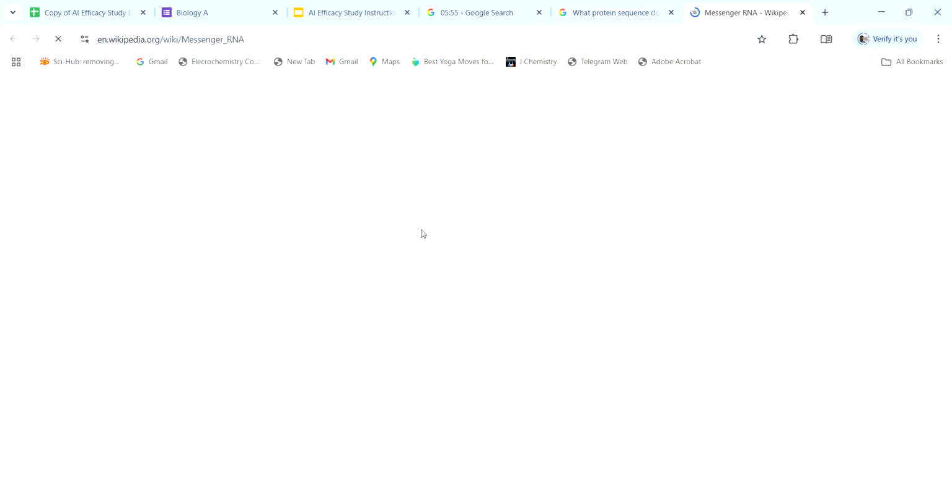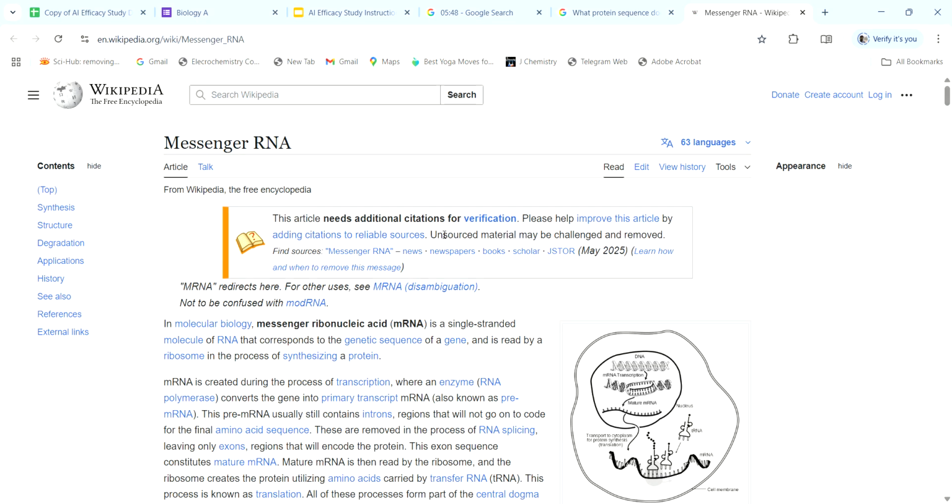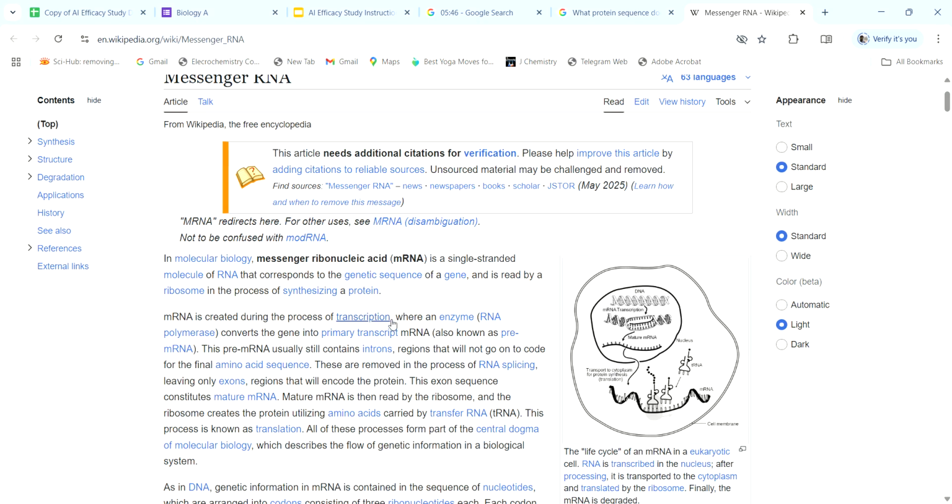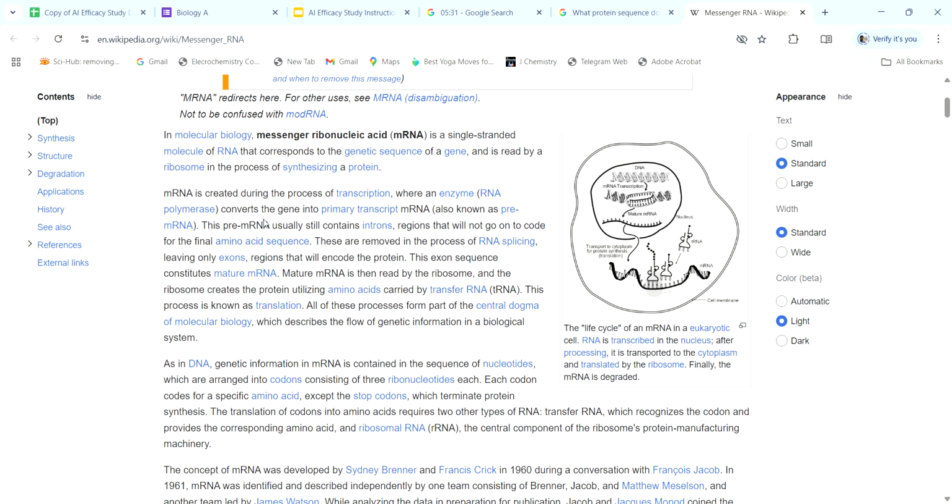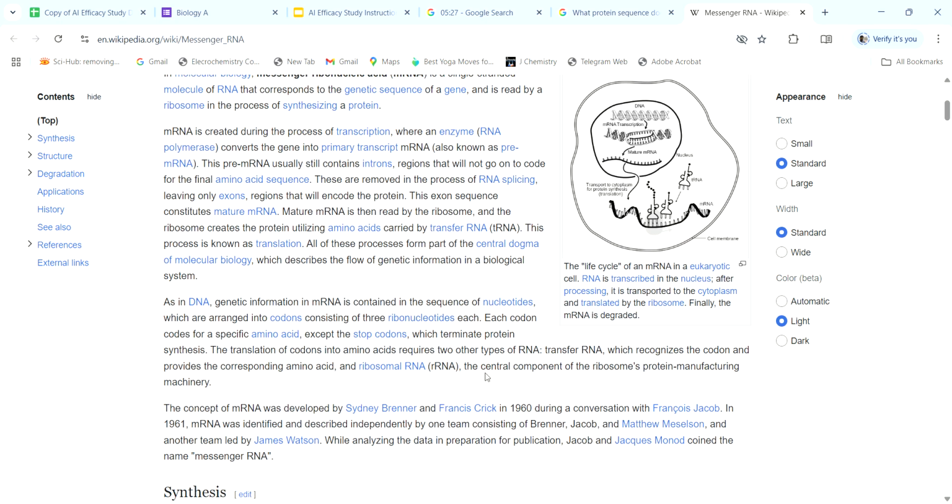So the role of messenger RNA is that in molecular biology, messenger RNA is a single-stranded molecule of RNA that corresponds to the genetic sequence of a gene and is read by a ribosome in the process of synthesizing a protein. mRNA is created during the process of transcription, where the enzyme RNA polymerase converts the gene into a primary transcript mRNA.